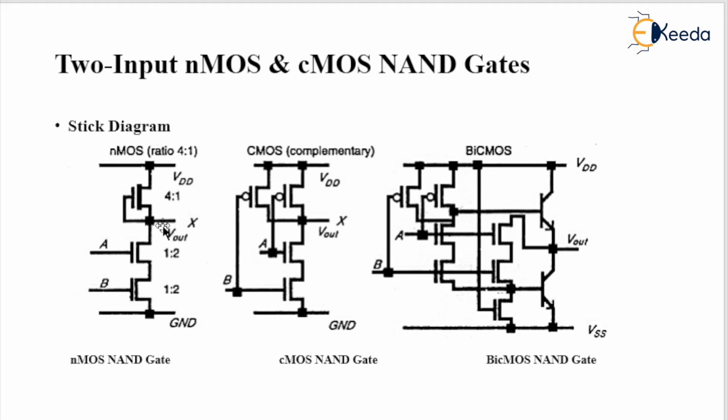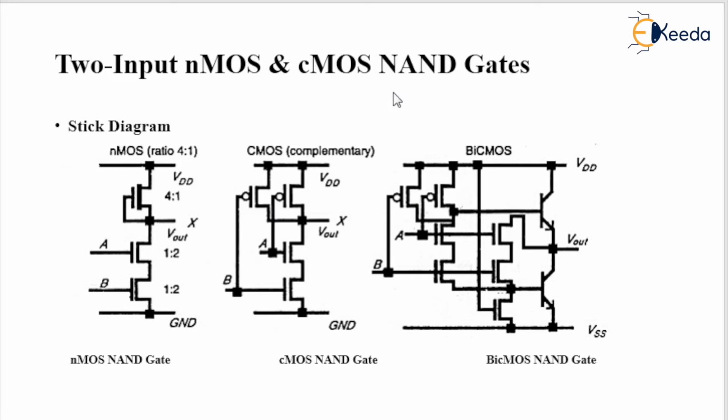Whenever there is complementing under NMOS, we consider a depletion MOSFET with VGS equal to 0. The same thing I have drawn here: this is our depletion MOSFET when VGS is equal to 0.